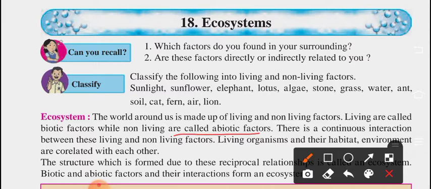And all the organisms, animals, and plants come under living things, so those are biotic factors. There is a continuous interaction between these living and non-living factors. Living organisms and their habitat environment are correlated with each other.